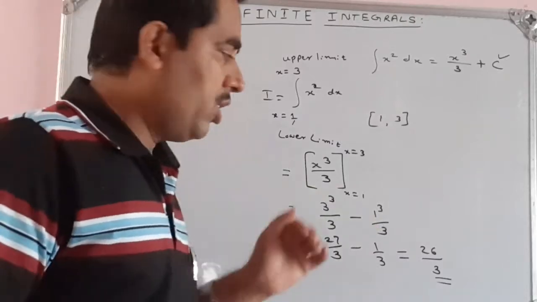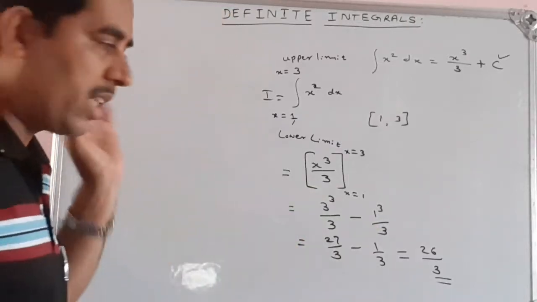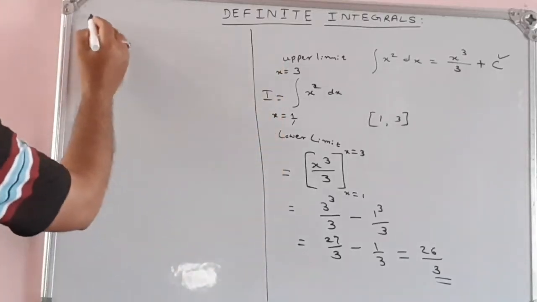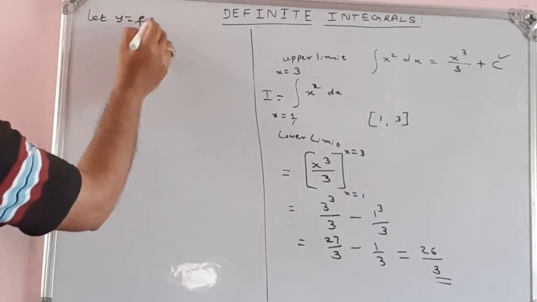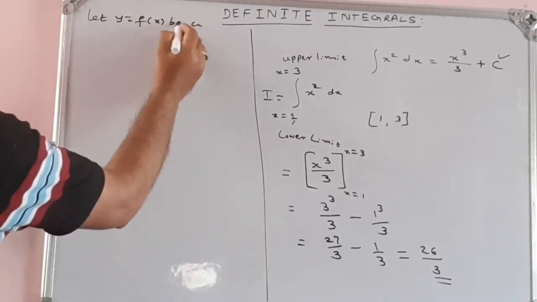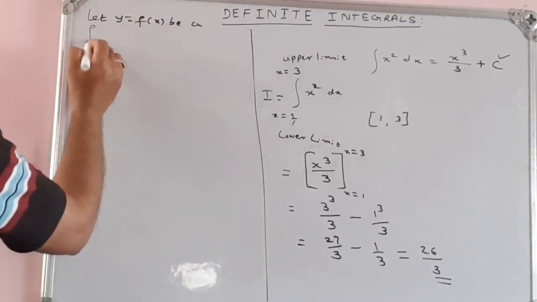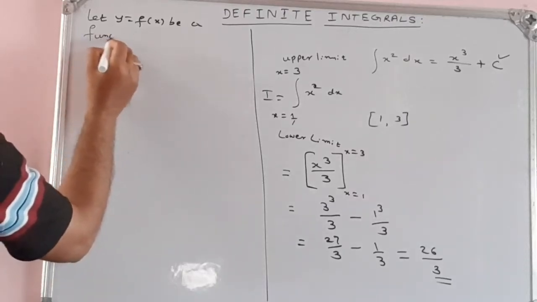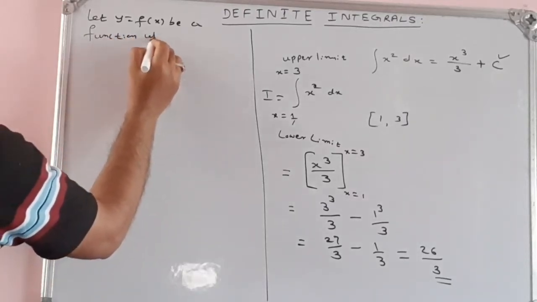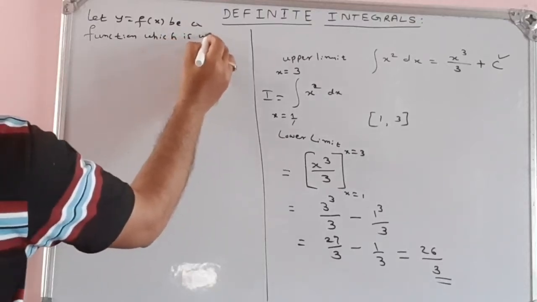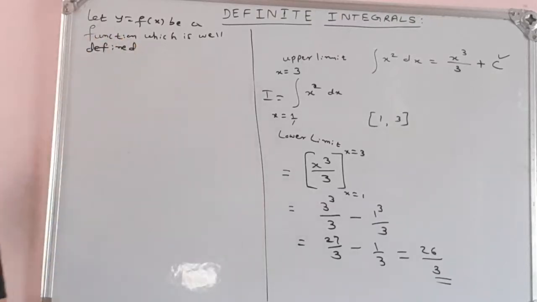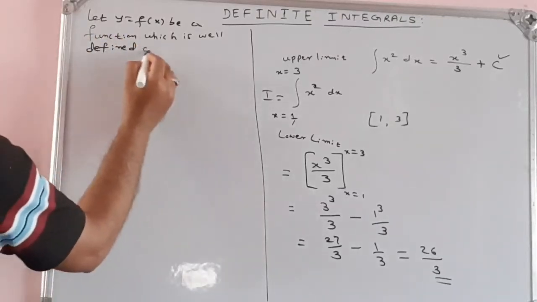Okay. So generally, observe this. I have taken an example here. How do you describe this definite integral? We take a function y equals f of x, which is well defined and continuous.